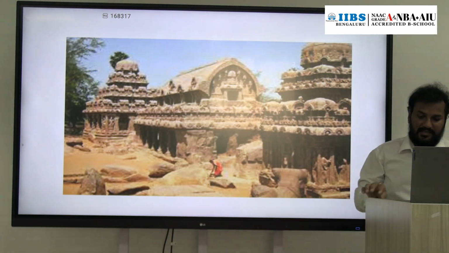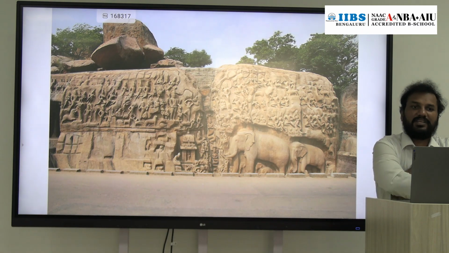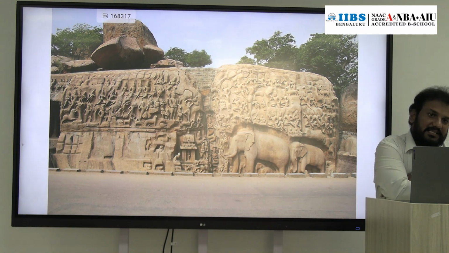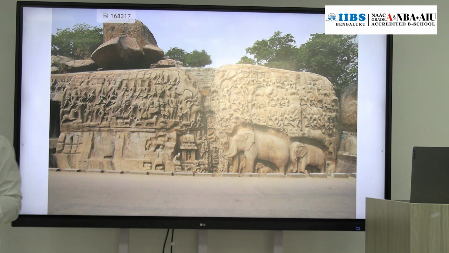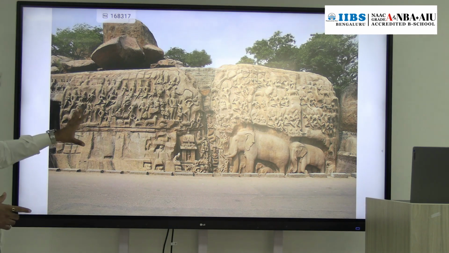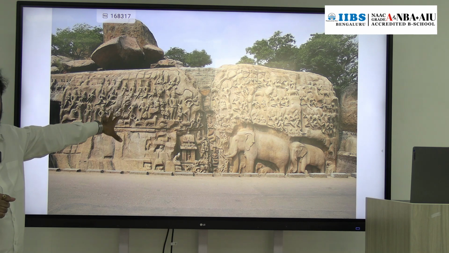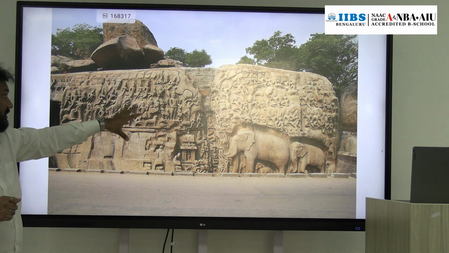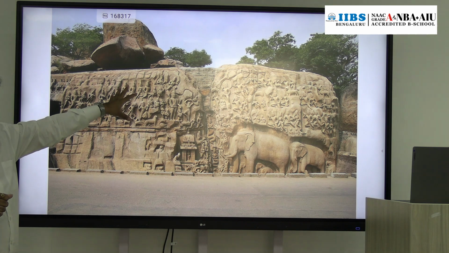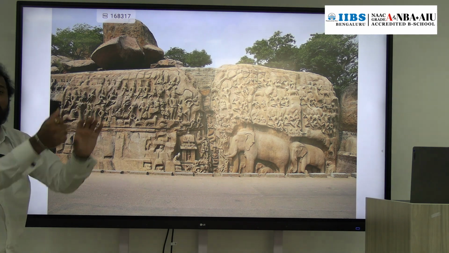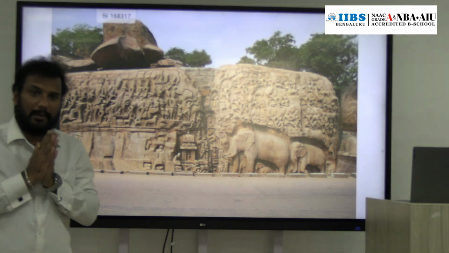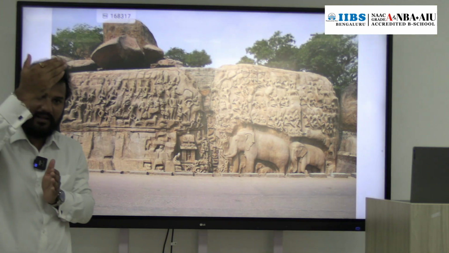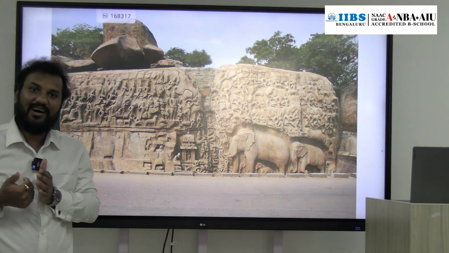Then apart from the Pancharatha, what other architecture is present in Mahabalipuram? This is Arjuna's Penance. If you observe, there are two big rocks. In these two big rocks there is a story, the story of Bhagiratha, who did tapasya to bring the Ganga from heaven to the earth.